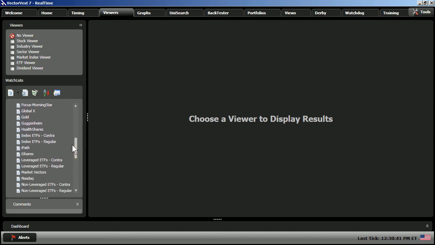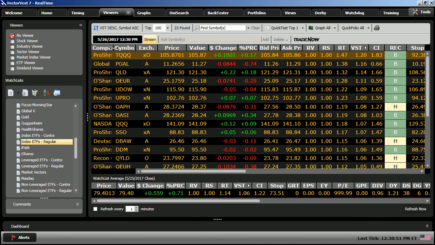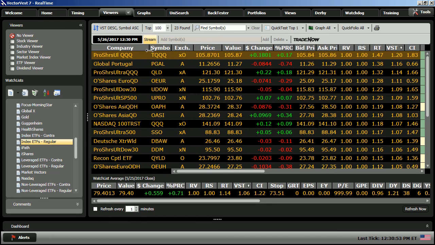Scroll down a little further. If you wanted to trade the indexes, both regular and contra, let's take a look at that. Index ETFs regular. This is a good place just to trade the different types of index, like the Qs or Portugal, or different levels of the Q, whether they're leveraged or non-leveraged.